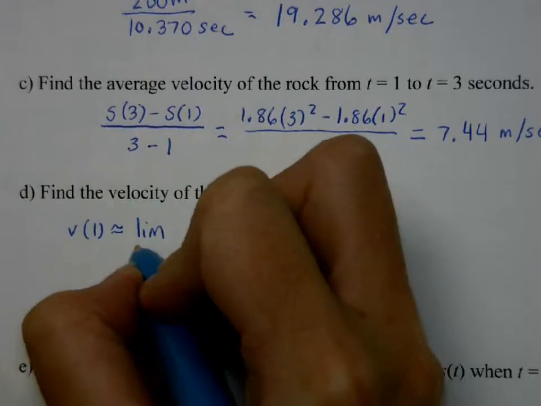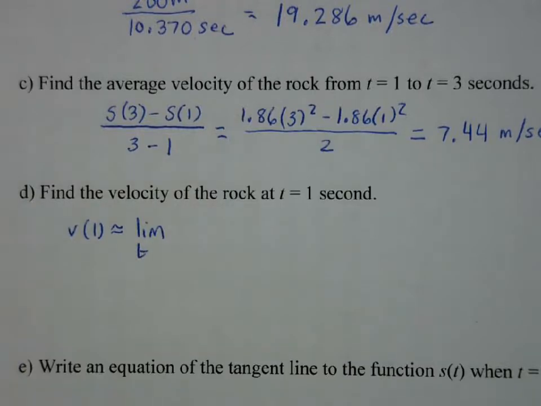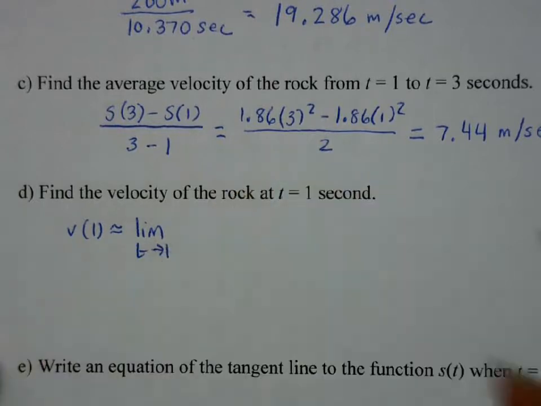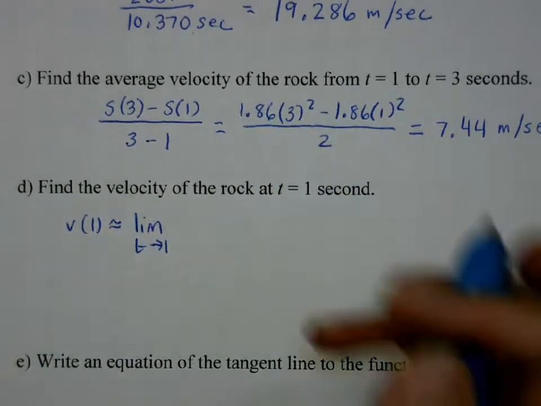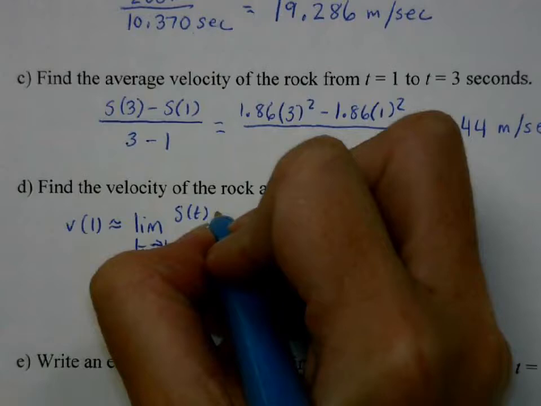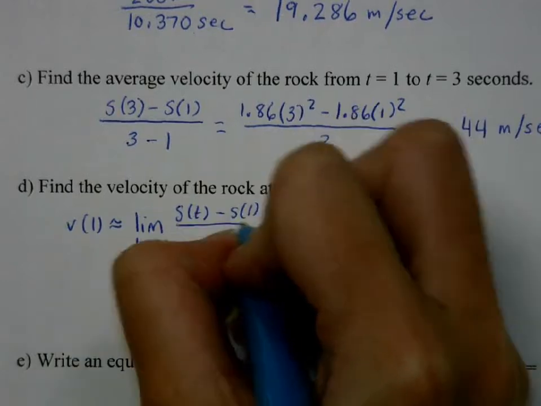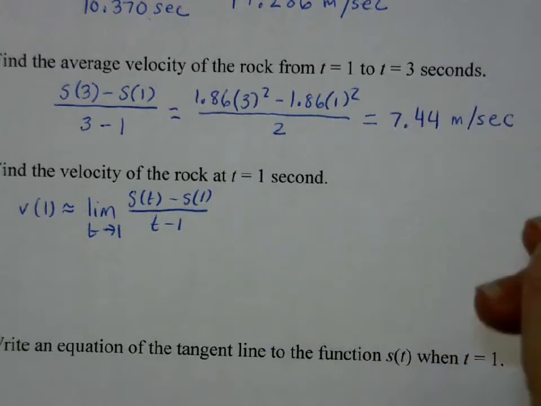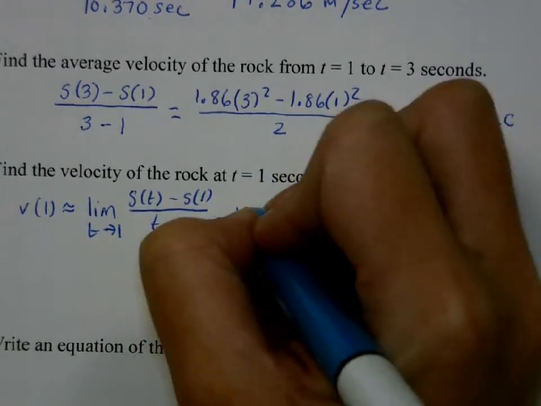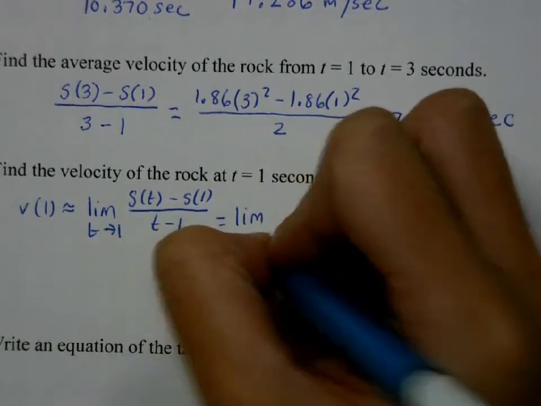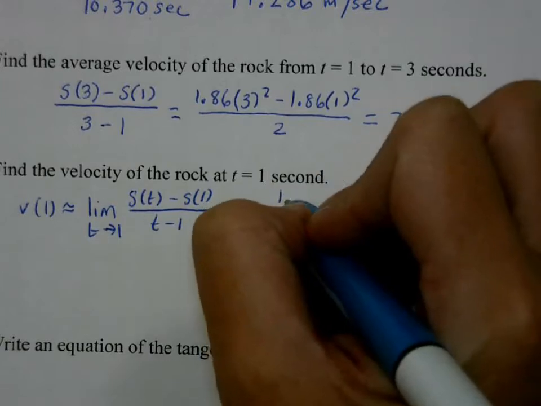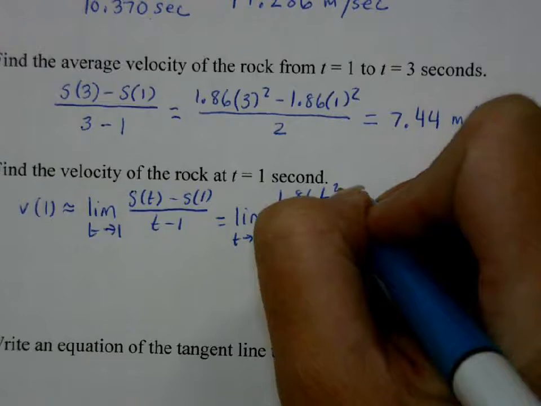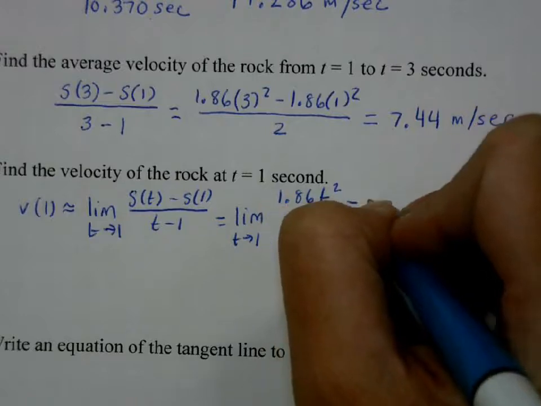Okay, so we're going to look at the limit as t goes to 1 of s of t minus s of 1 over t minus 1. So that's going to be the limit as t goes to 1 of 1.86t squared minus 1.86.